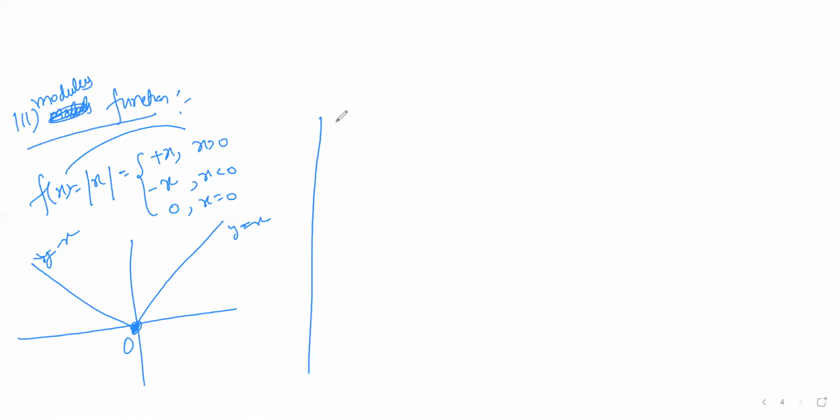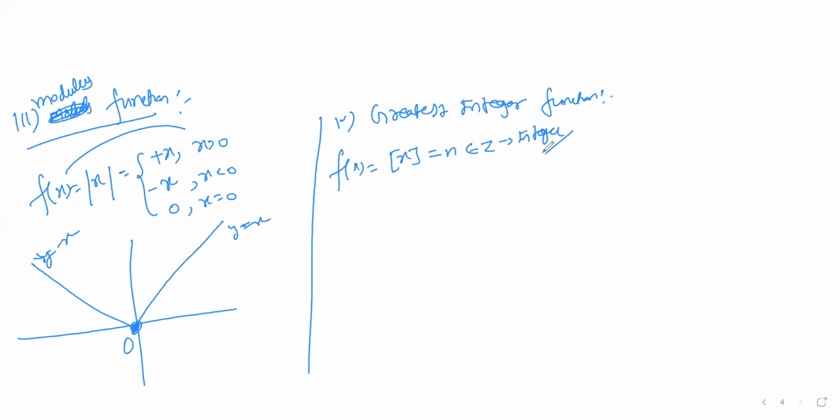Similarly, the fourth one is the greatest integer function. The greatest integer function is defined as f of x is equal to big bracket of x, and it is equal to n, where n belongs to Z, where Z is the set of integer values.